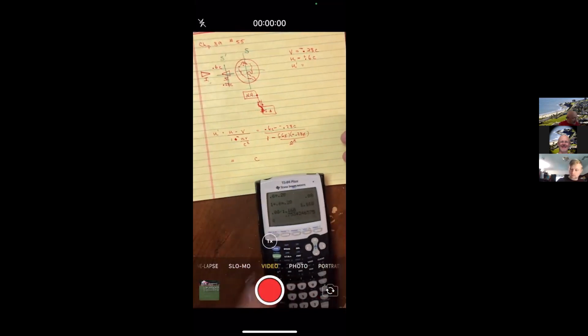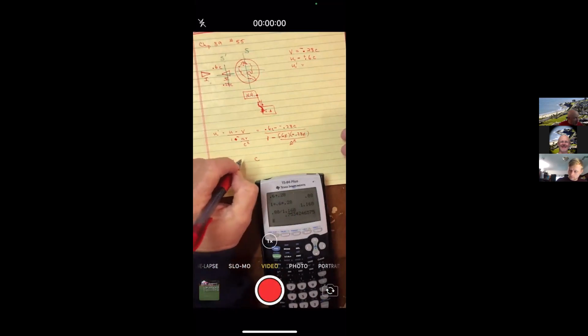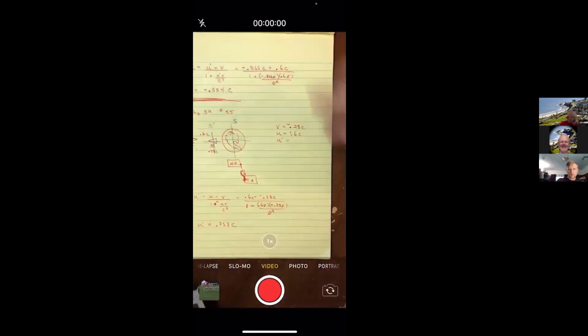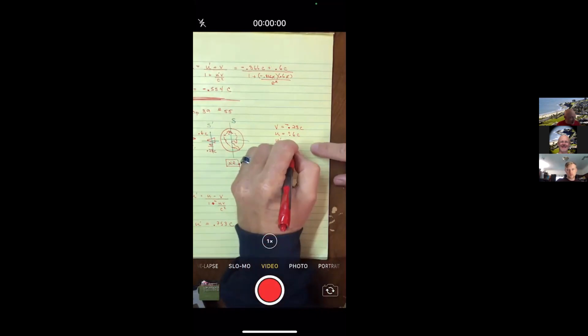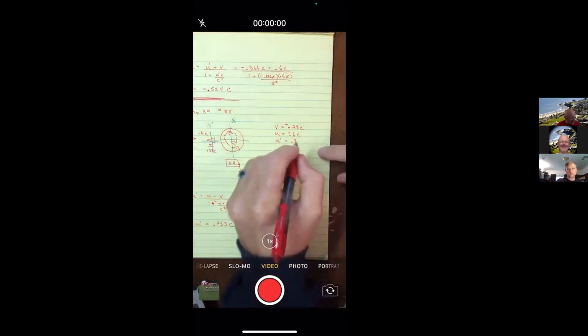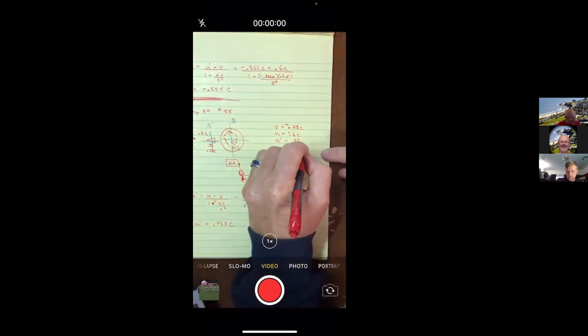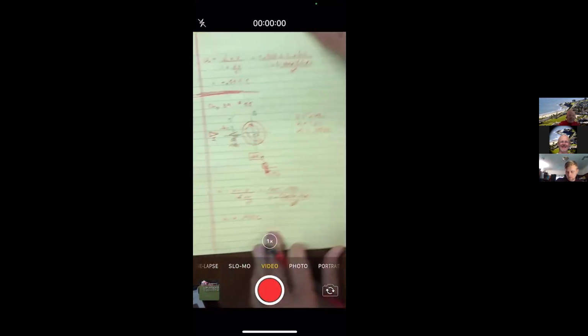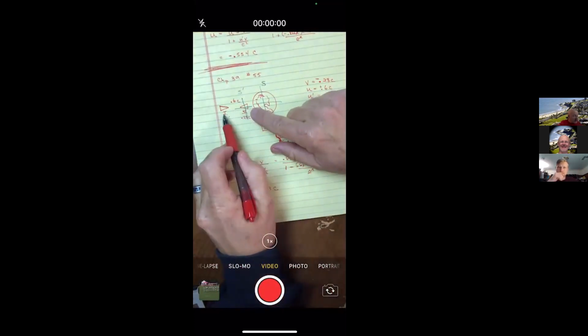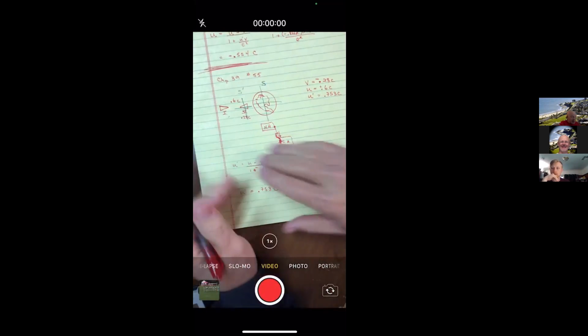Let me now just finish by grabbing the numerator and dividing it by the denominator and hit enter. And it looks like 0.753 C is the U prime. And maybe I'll just put it right here. It's positive 0.753 C. So what the professors see is they see the students coming at them really fast.